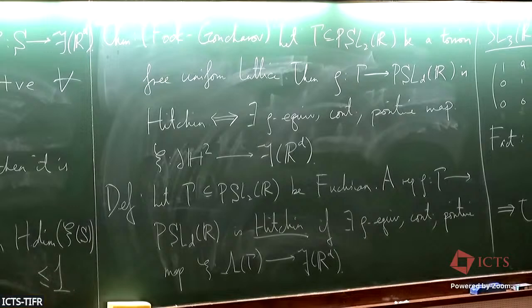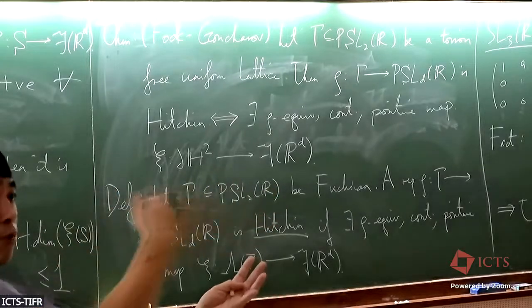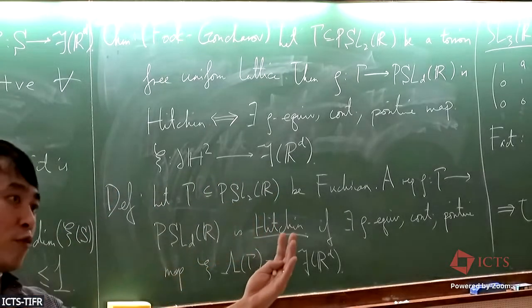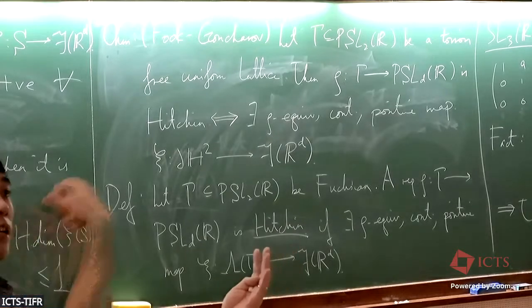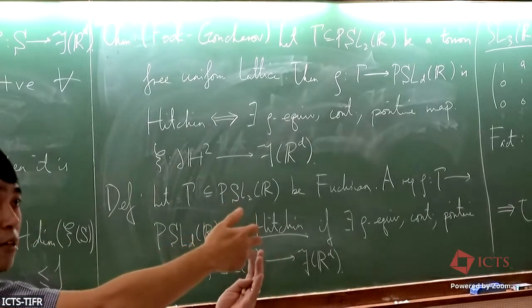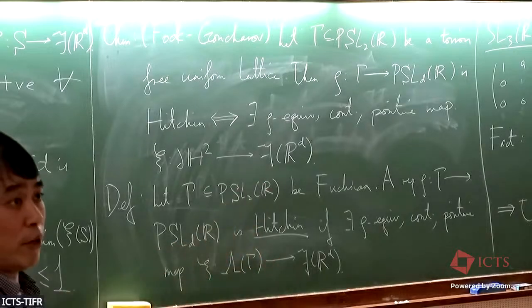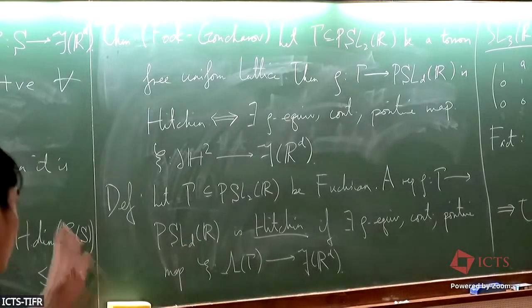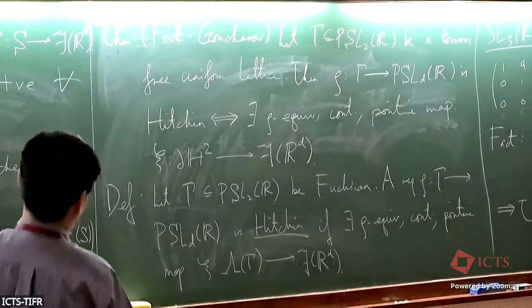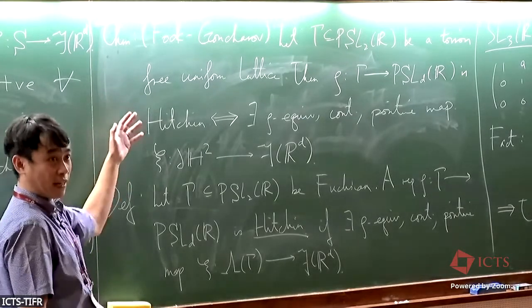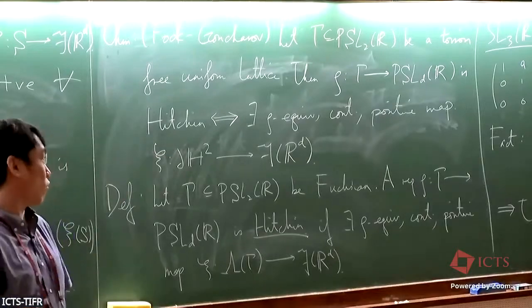So that's like any discrete faithful representation. Then you take your PSL2R and you put it inside of PSLdR using this irreducible representation iota. So when you compose that, you get a representation from your uniform lattice into PSLdR, and you allow yourself to continuously deform from there. Any such thing you get is called a Hitchin representation, right? And what they prove is that an equivalent way to say that is this existence of a rho-equivariant continuous positive map.